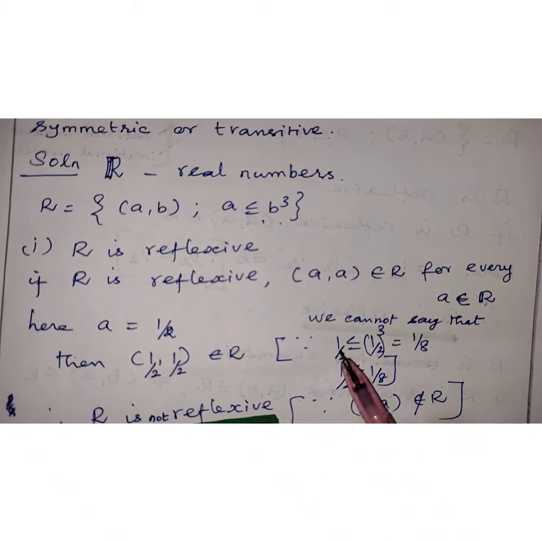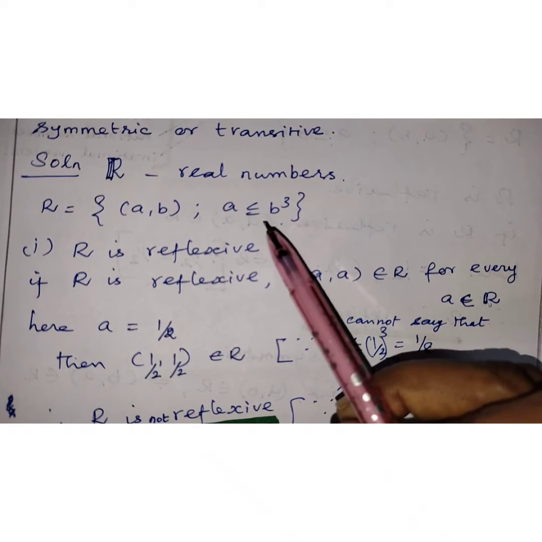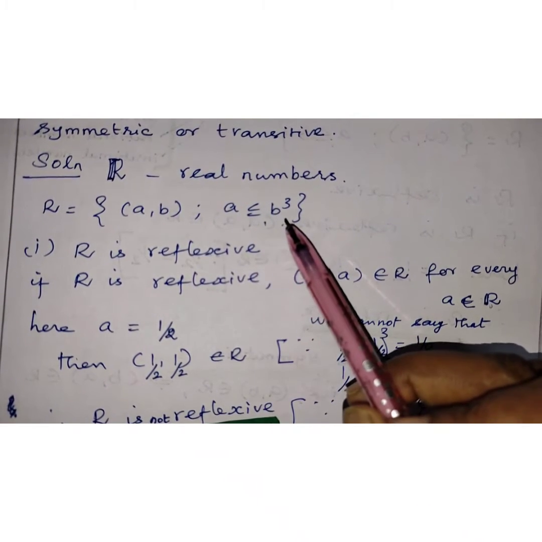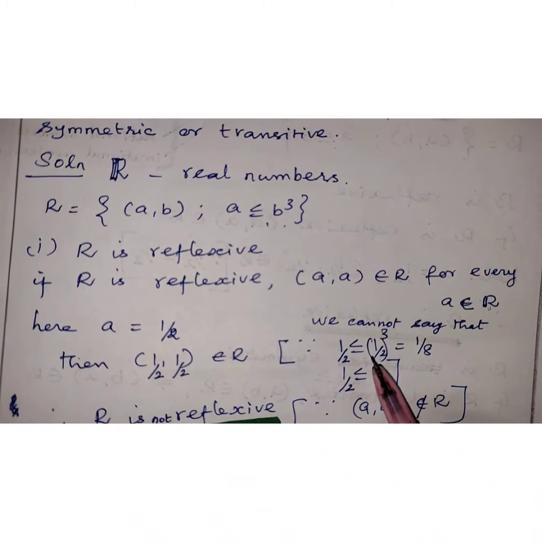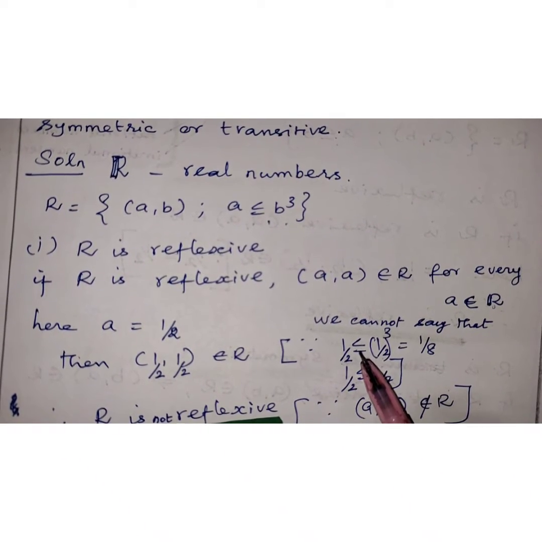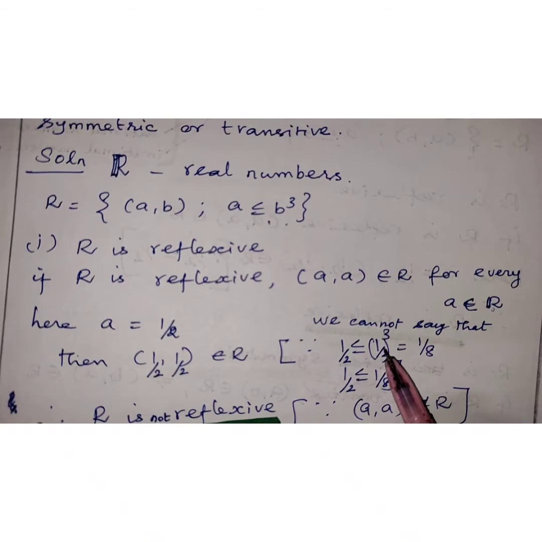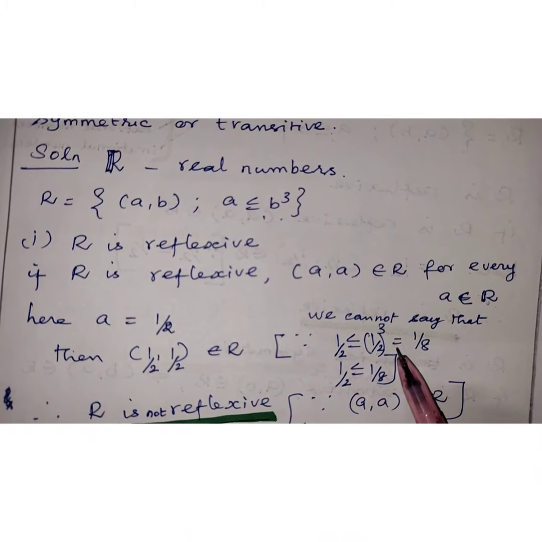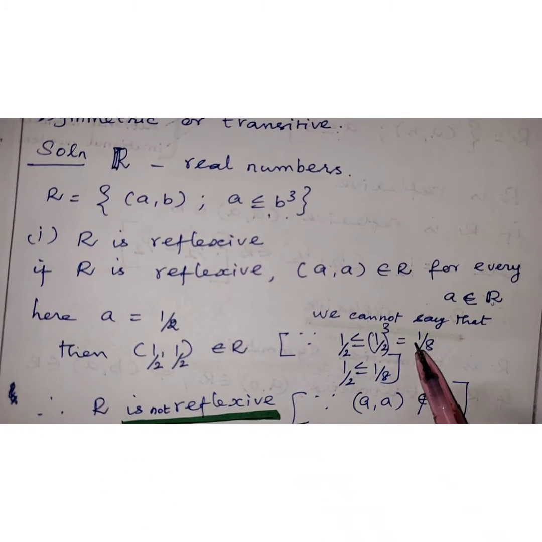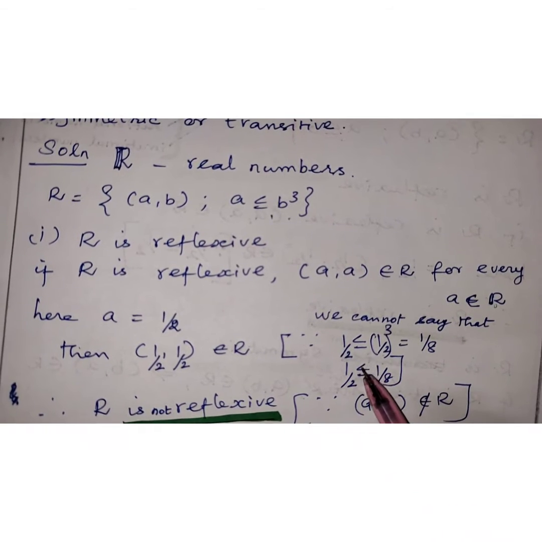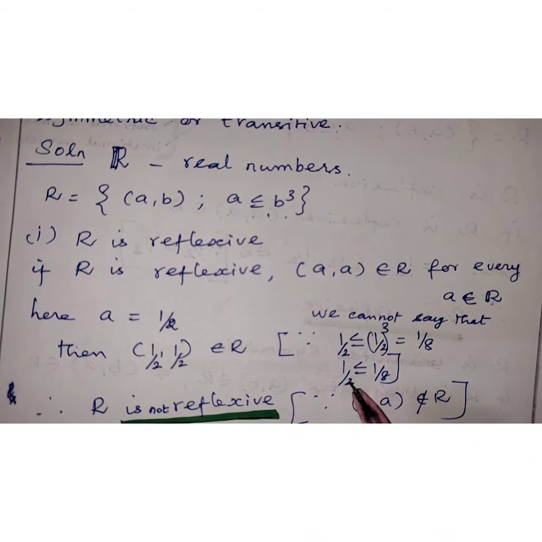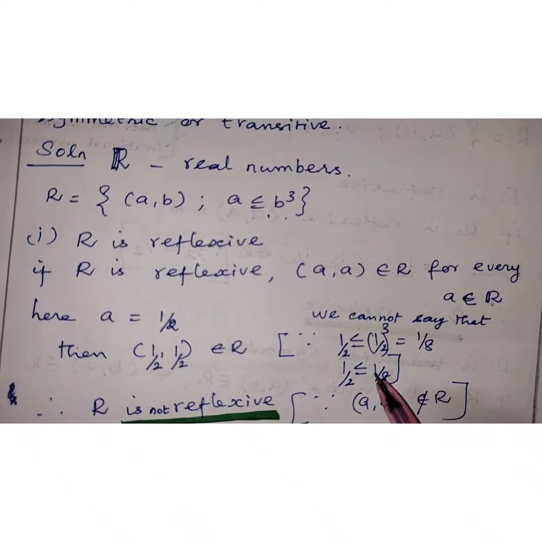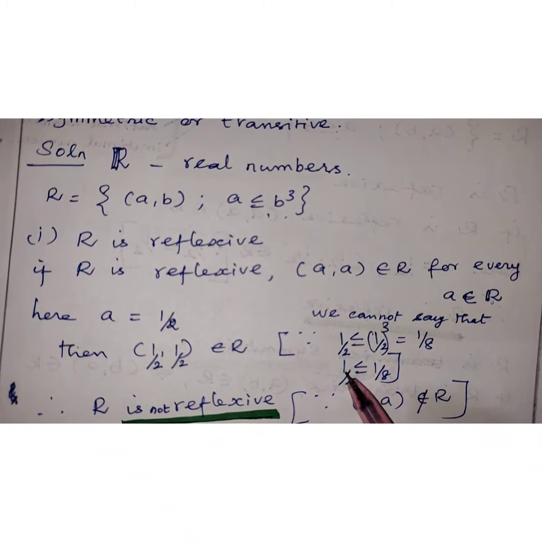From the given relation condition, a is less than or equal to b cube, here a equal to half, b equal to half. That is, half is less than or equal to half cube, which is equal to 1 by 8. From this statement we get half less than or equal to 1 by 8. Is this statement true?